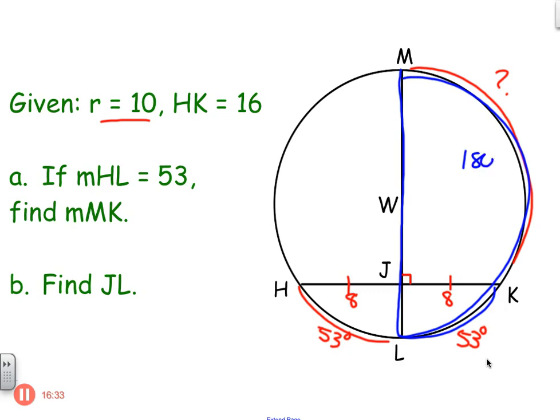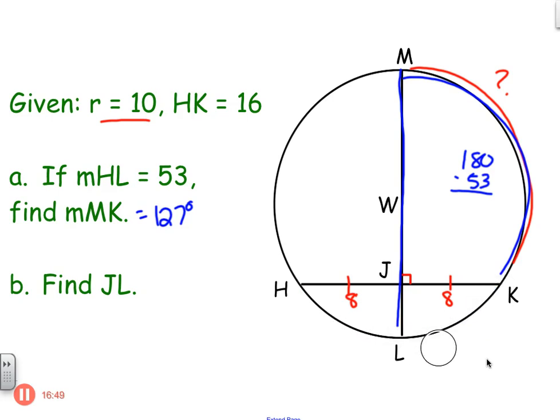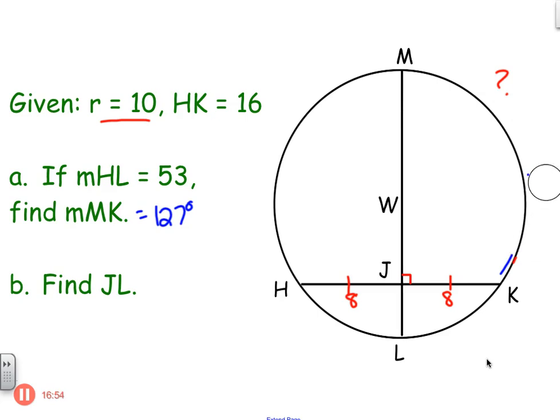So I would do 180 take away 53, and that'll give me MK, which is 127. Okay, so that also means that HM is going to be 127 as well. So that's how you use your arc knowledge. So now let's look at finding JL.